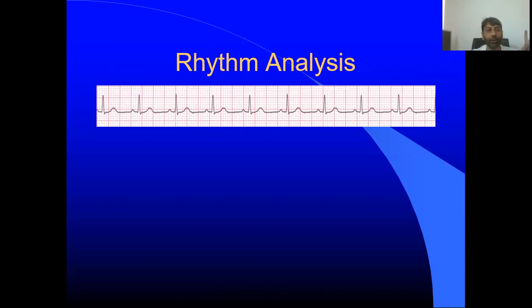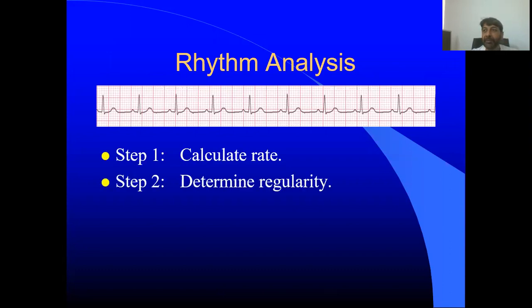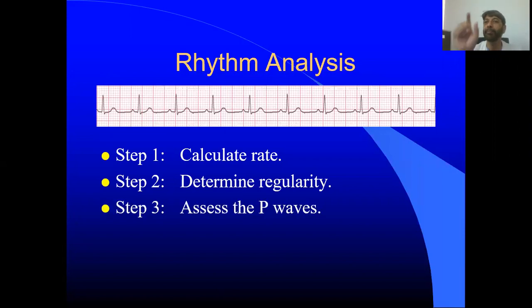If you remember, I told you number one, rate, both QRS rate and P rate. Second, rhythm, in terms of both QRS rhythm and P rhythm. Just follow P rhythm and QRS. Then P wave. In P wave you have to assess present or absent, similar or dissimilar.